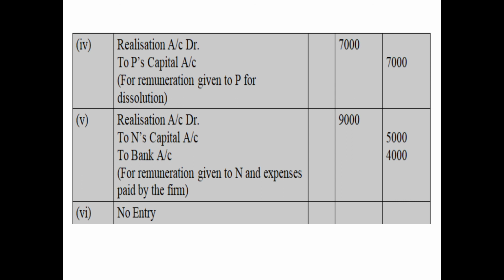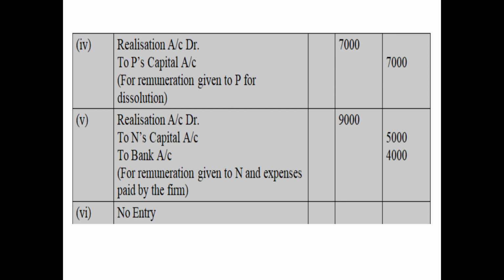He was allowed a fixed remuneration of rupees 9,000, and for the time being the dissolution expenses of rupees 4,000 were paid by the firm. So instead of giving the fixed remuneration of 9,000, 4,000 the firm will not give, since the firm is actually paying it for the time being on behalf of the partner. So the remaining 5,000 will be given to N. So the entry will be realization account debited 9,000 to N's capital account 5,000 to bank account 4,000.